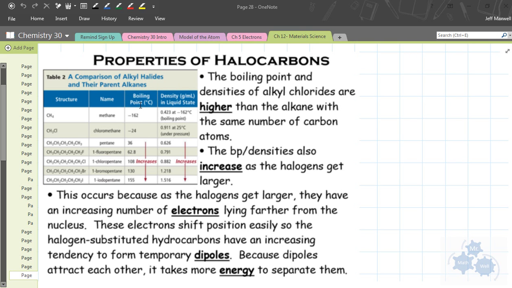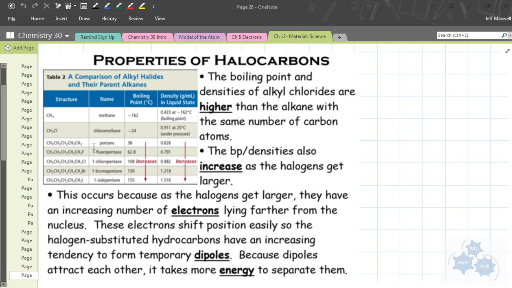What we see is that the boiling point increases as the halogens go from fluorine, chlorine, bromine, to iodine, going down the periodic table. That means there is a stronger attraction between the molecules and they don't go into the gas form as easily if iodine is bonded to the chain as opposed to fluorine, for example.